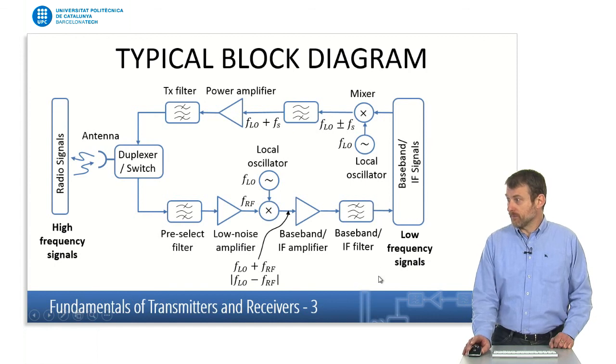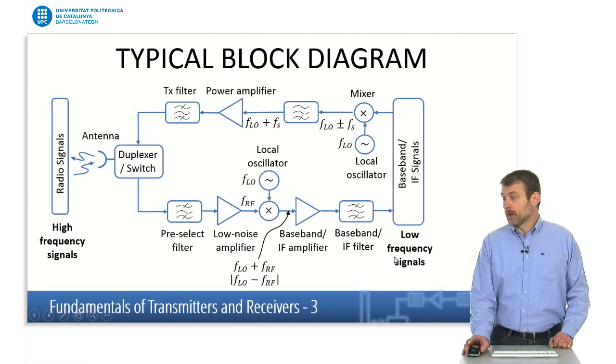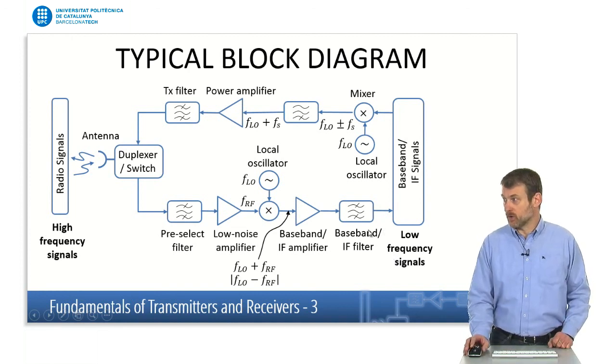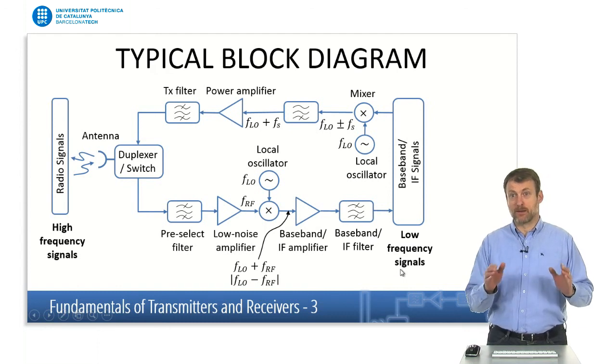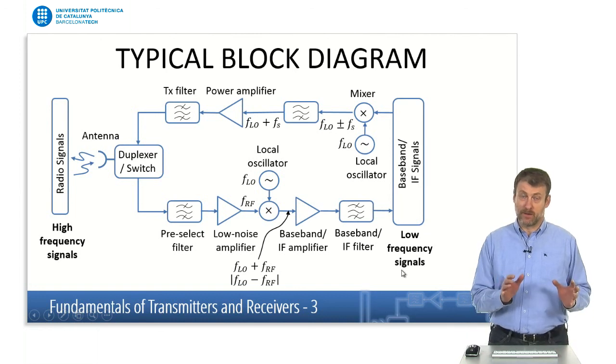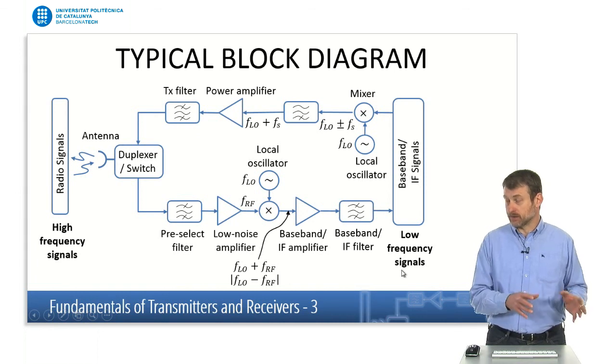On the other hand, we have the low frequency regime. In this regime, the signals are slow enough so that they can be processed with electronics, and the frequencies at this regime may be a baseband frequency, meaning that the spectrum is centered about zero frequency, or they may be an IF frequency, meaning that the spectrum is centered at a non-zero frequency, meaning that the baseband is translated to that frequency.